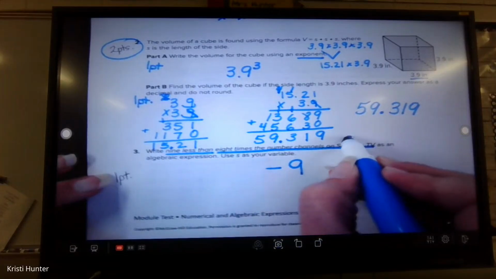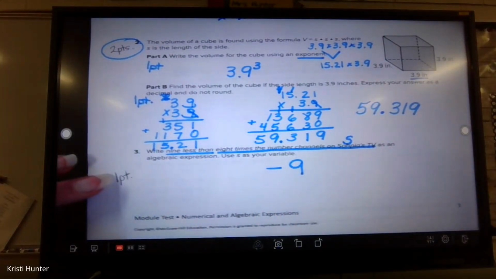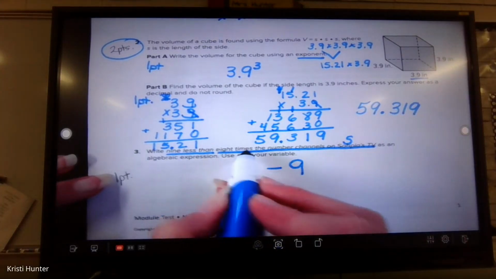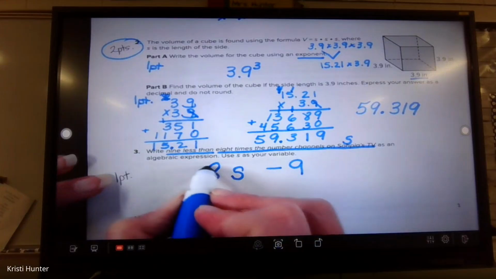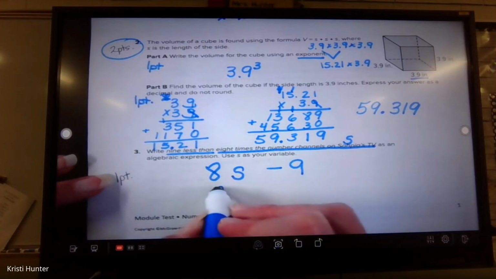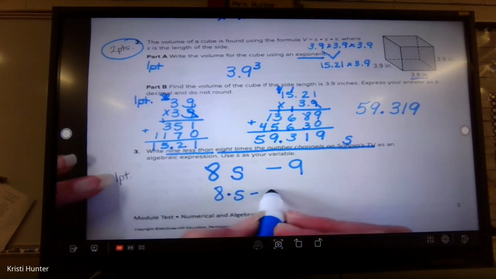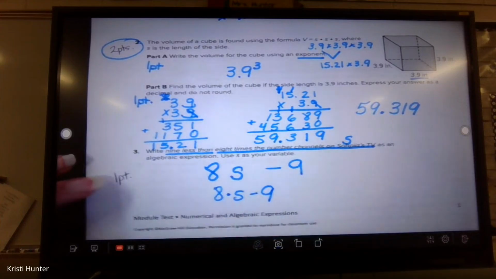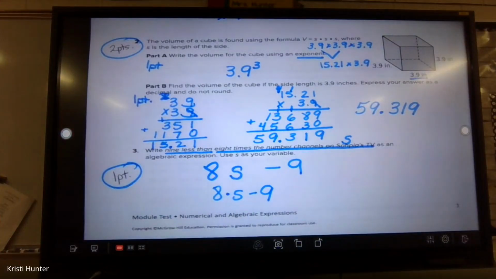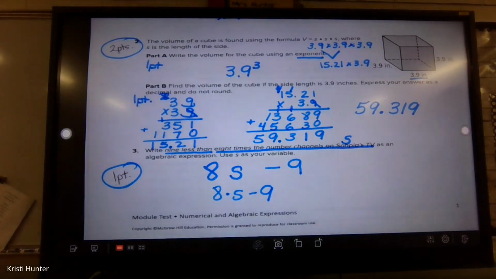Well, we know Sophia's TV channels is S, and it said do that 8 times. So 8S minus 9. And you are welcome to write it as a multiplication or as a combination of 8S minus 9. This is 1 point that you can write your algebraic expression correctly.